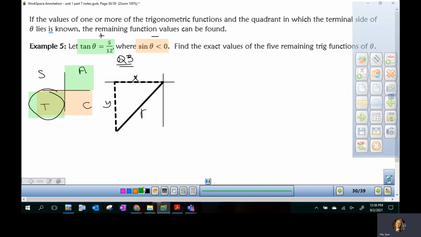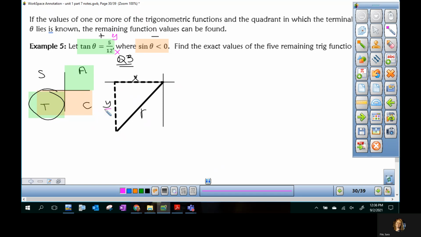Now I go back to the trig value they gave us. They told us that tangent is 5/12. Well, what's the ratio for tangent in terms of x, y, and r? y over x. So they're telling me y is 5 and x is 12.